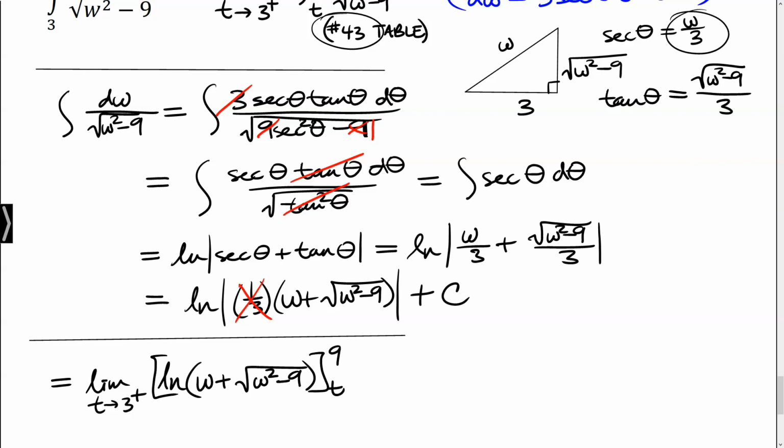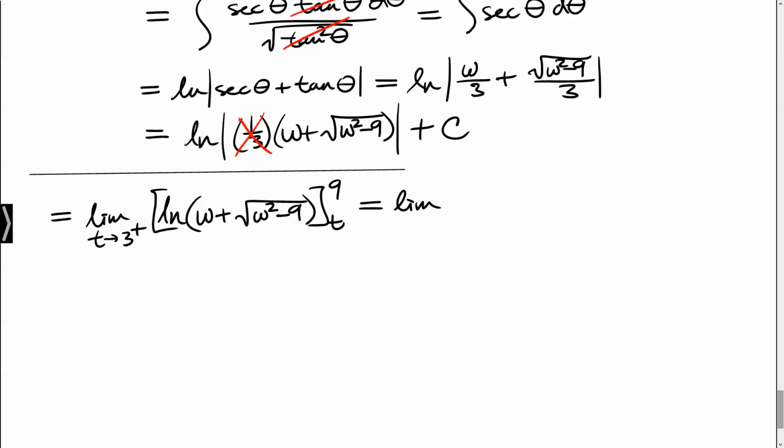All right, we have just enough room to finish this off. Oh, we got plenty of room here. All right, so that's natural log of 9 plus square root of, let's see, 81 minus 9, 72.